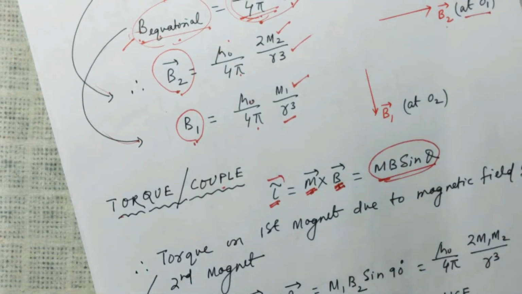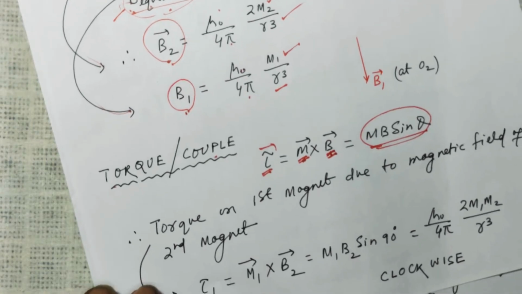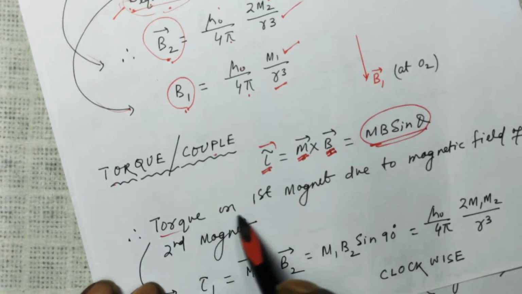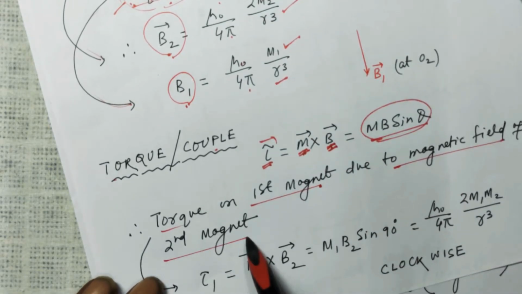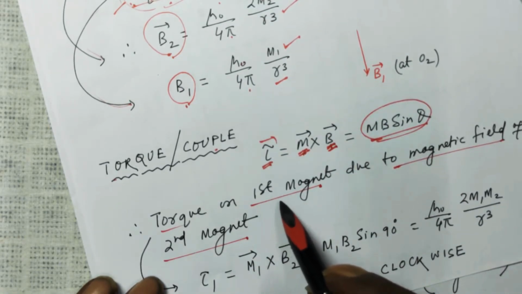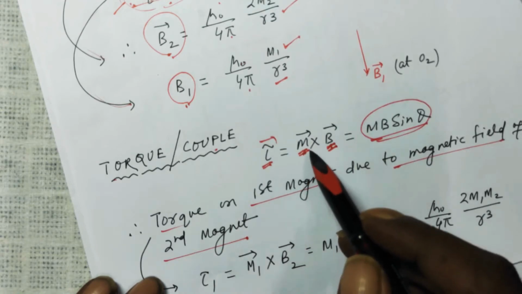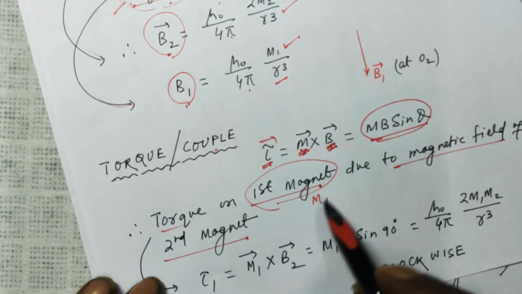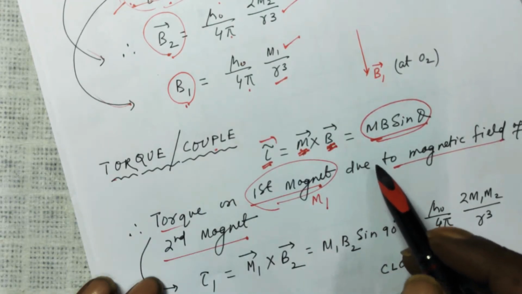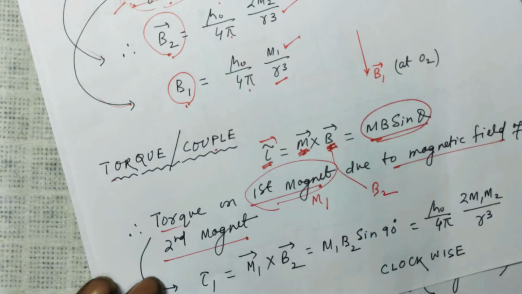So using this expression, which we derived earlier, let us find the torque on the first magnet due to the magnetic field of the second magnet. We will use M for the first magnet, that is M1, and B for the second magnet, that is B2.